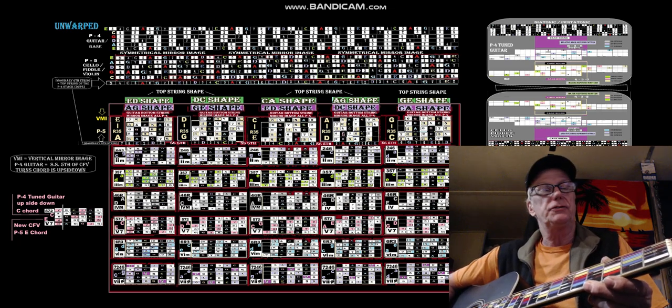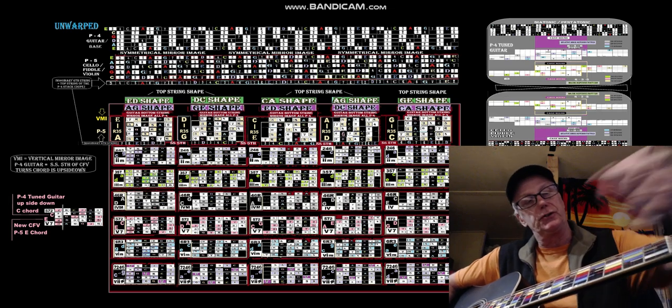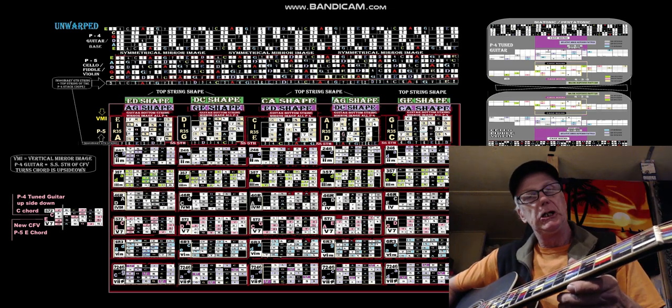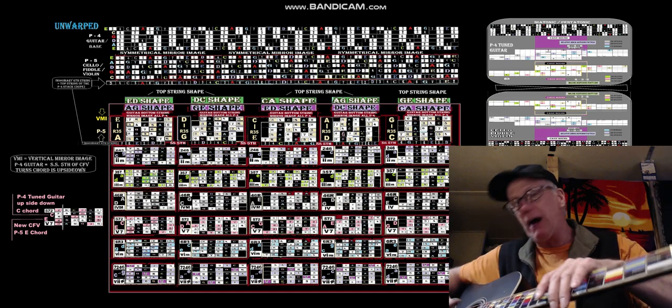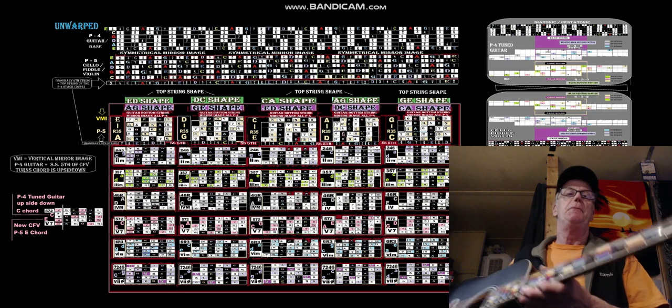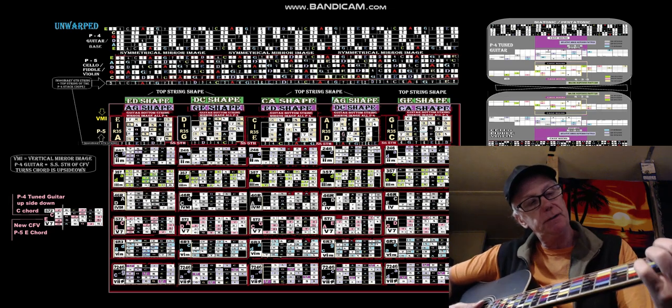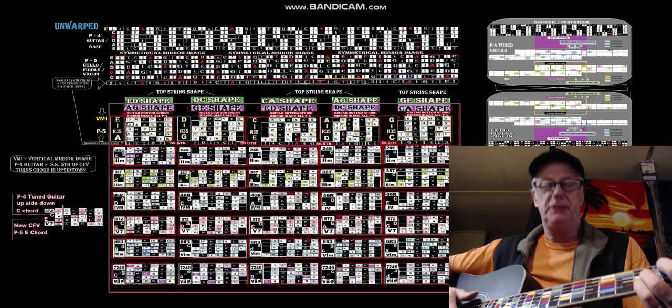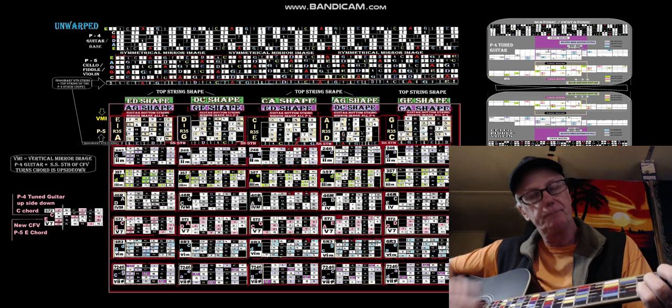And the E string, of course, is the E string. I just moved it over so it does a little dog leg. I had to smooth this out so that E string didn't undergo any undue stress. So that's the P5 tuning. And yeah, you can make chords with P5 tuning.